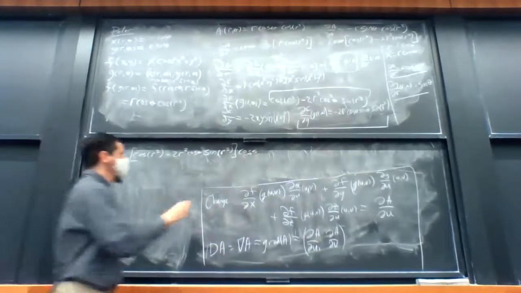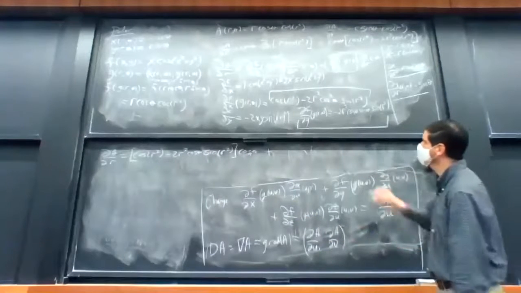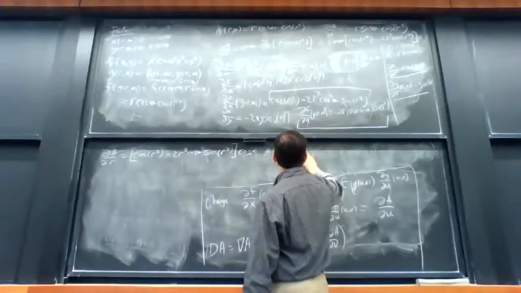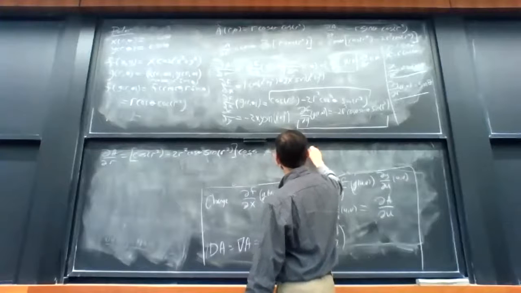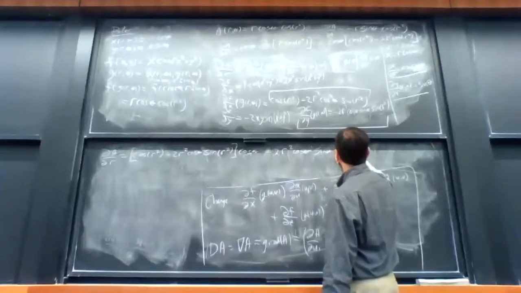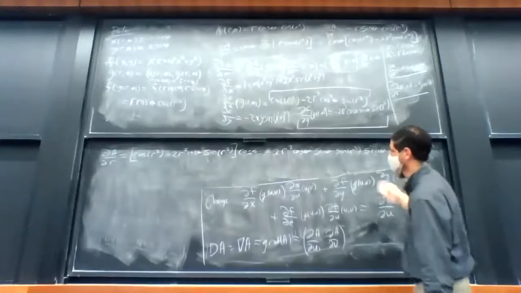And now the next part is I have df/dy, that's going to be negative 2r squared cosine theta sine theta sine of r squared, times sine of theta.